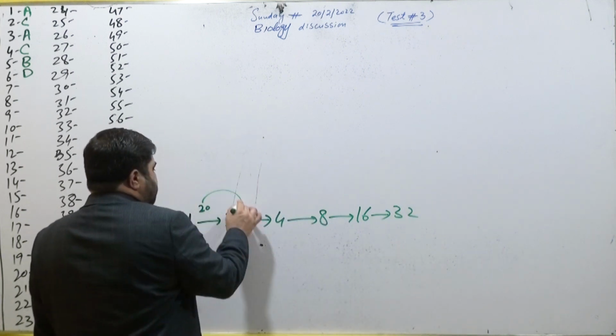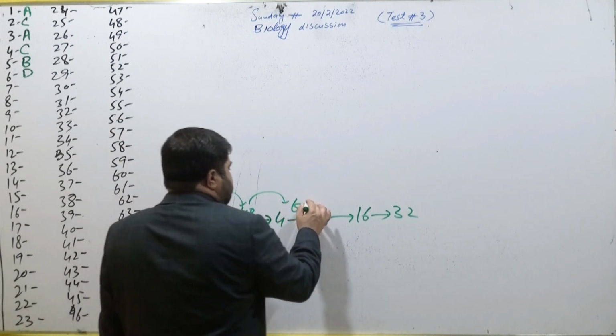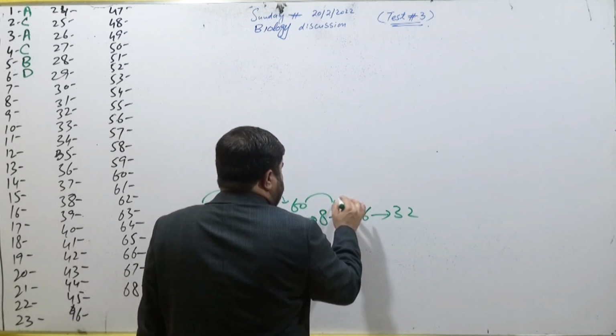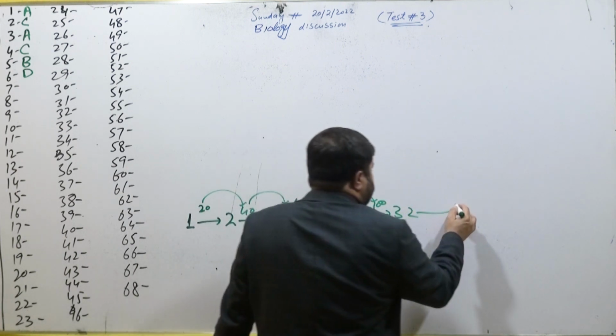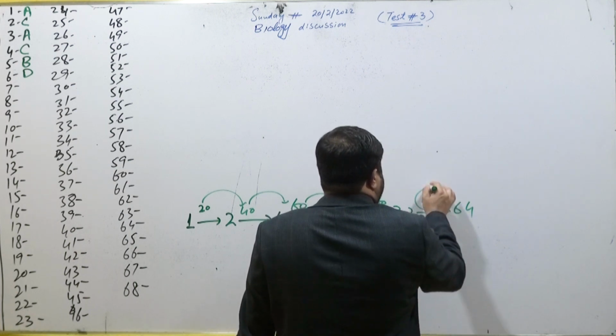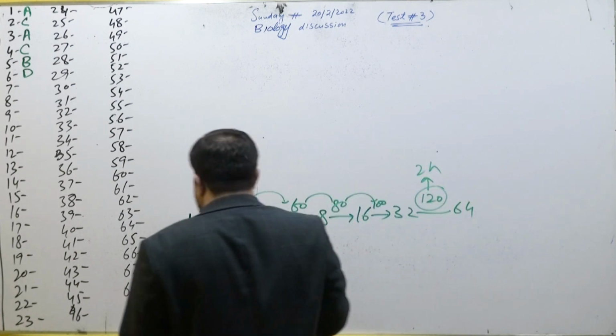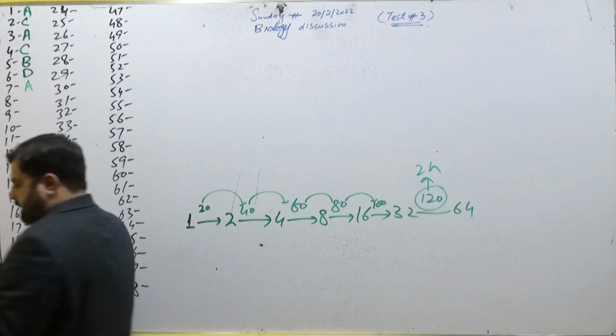That was 20 minutes, then 40 minutes, then 60 minutes, then 80 minutes, then 100 minutes, and then 32 forms 64 bacteria in 120 minutes. Meaning in 2 hours the total number of bacteria will be 64. So that's why the correct option is A.